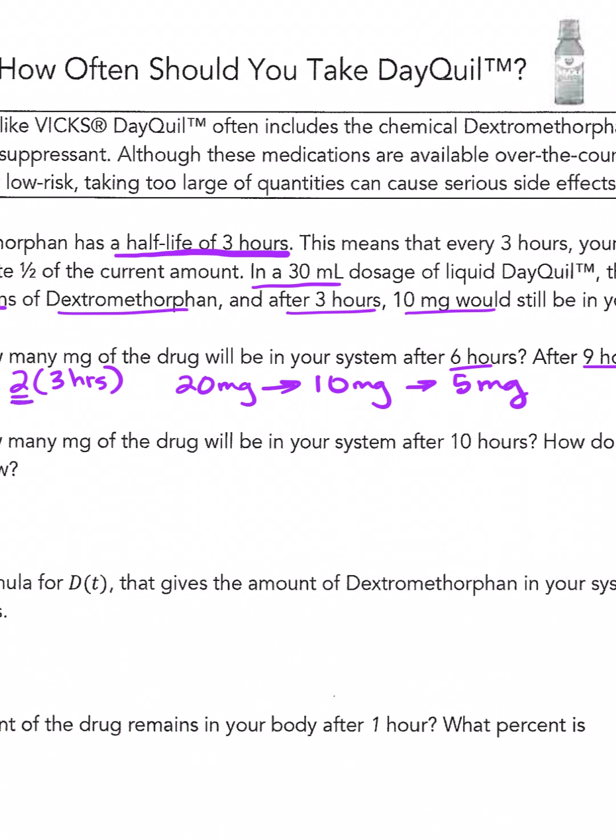Now, after 9 hours, that would be a third one. So 9 hours is going to be 3 of those 3-hour periods, okay? So we're going to go from 20 to 10 to 5, and then to 2.5 milligrams, okay?